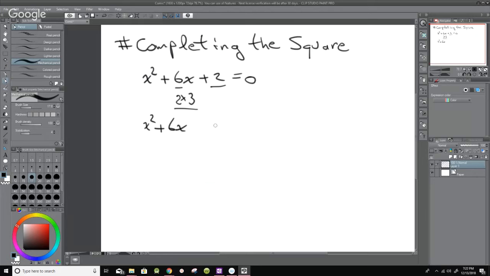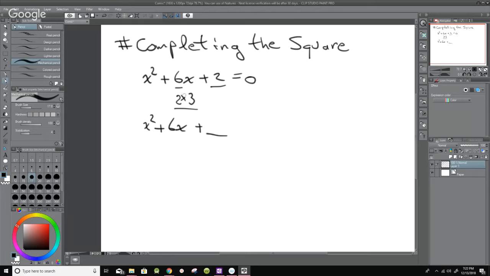Well, how could we end up with 6x? Or a better way to say it is, what constant number could I write here that if I broke it down and then did the factoring that we did a moment ago would multiply out and end up with 6x?